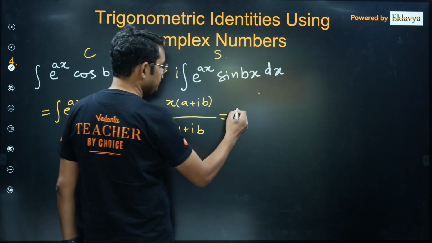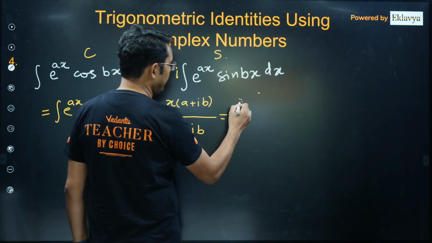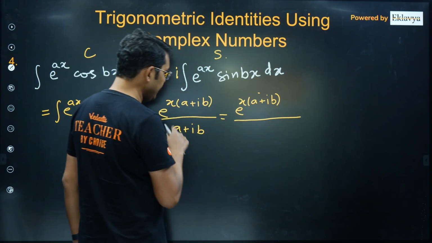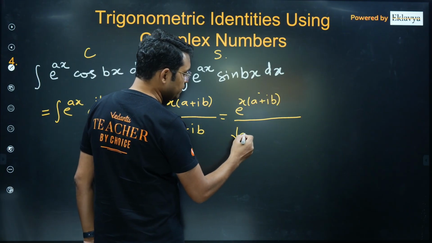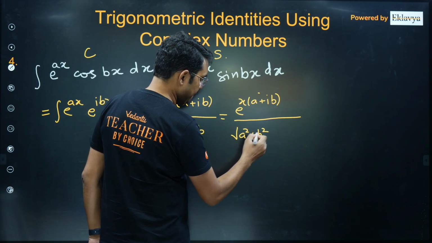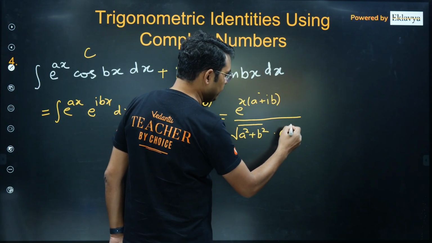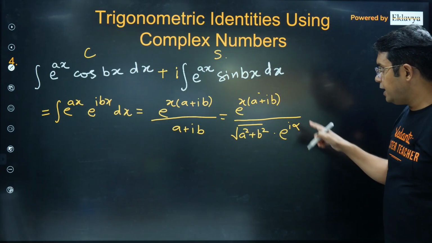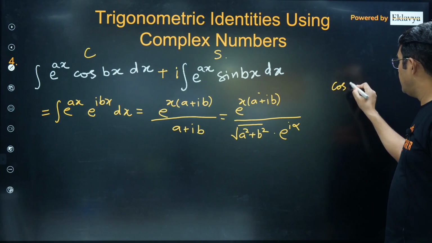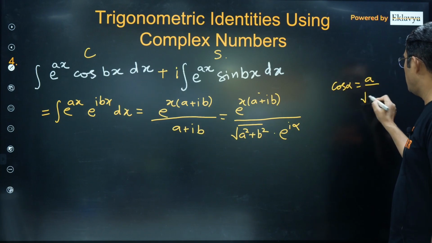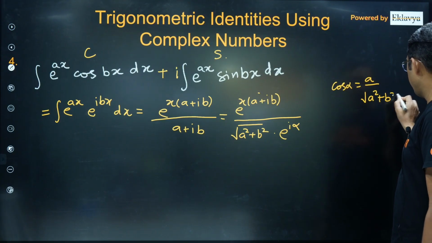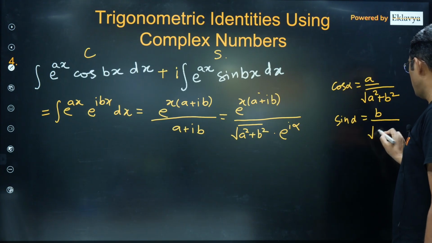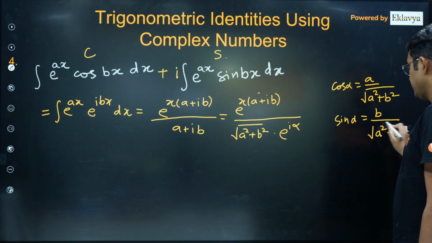Please see, e^{ax} divided by a plus ib. I can write a plus ib as its modulus into e^{iα}. Alpha is the argument. So if alpha is the argument, that means cos α will be equal to a upon root over a² plus b², and sin α will be equal to b upon root over a² plus b².